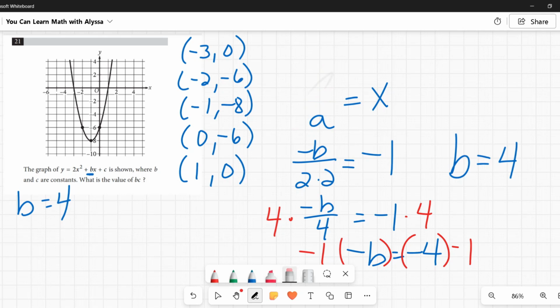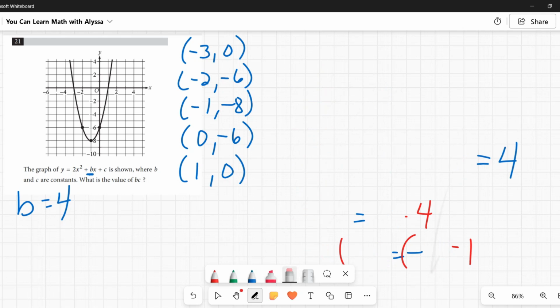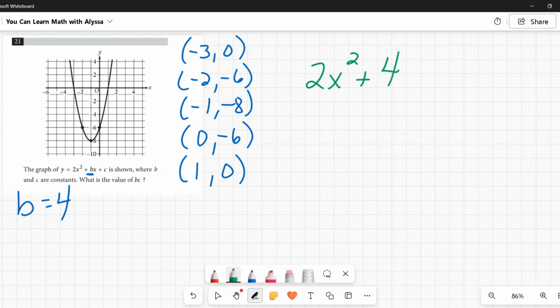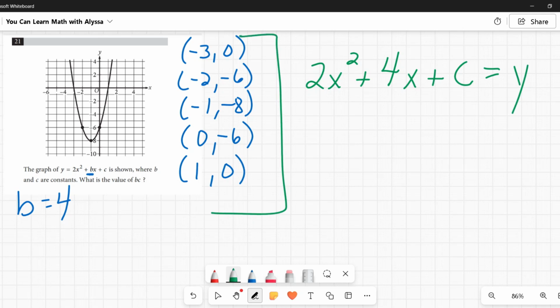And I can solve for c. I can use that b to help me solve for c, because now I know 2x squared plus 4x plus c is the equation there, equal to y. And now I can use any of these points and plug them in here and solve for c.